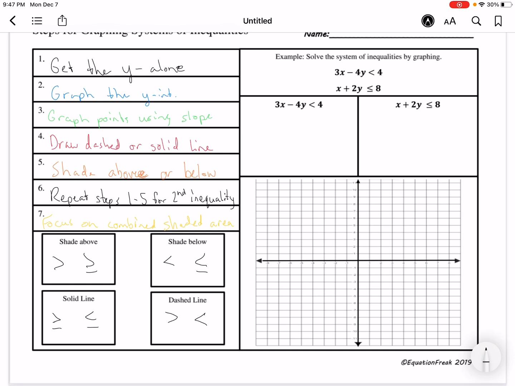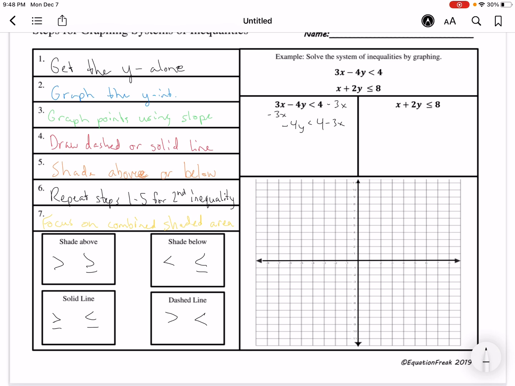All right, so we're going to start with the first inequality we have, which is 3x minus 4y is greater than 4. Again, our process is simple. We're going to move x. That will always be our first step. So I'm going to move x to the other side. So now I have a negative 4y is less than 4 minus 3x.